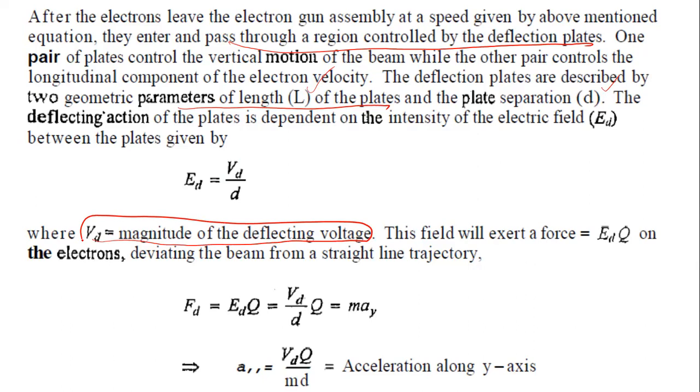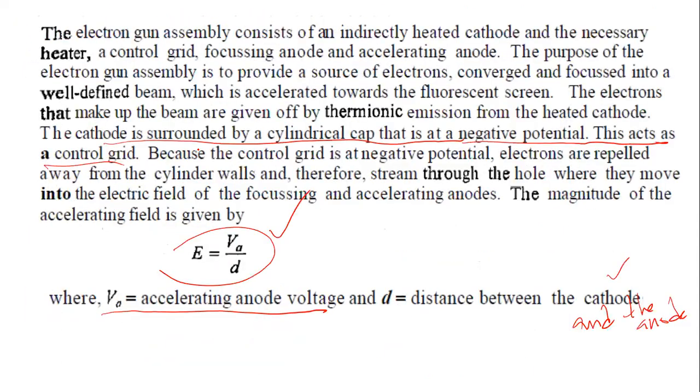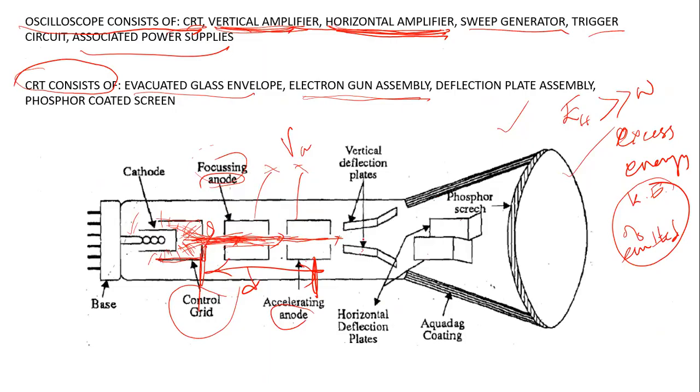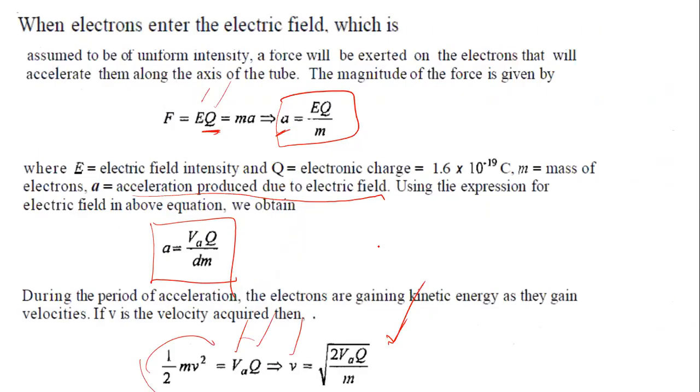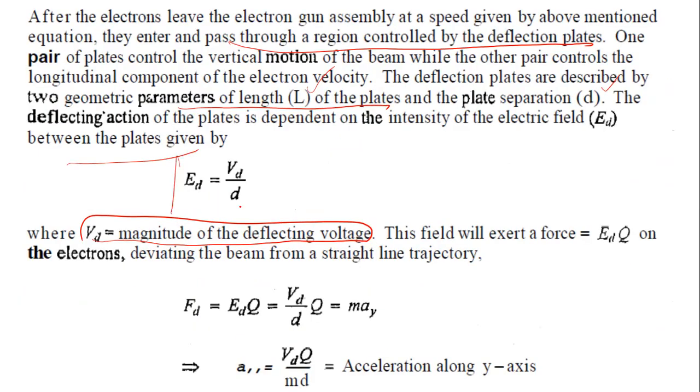Then the intensity of electric field between the deflection plates. Between these deflection plates, the intensity of the electric field, which is given by ED, will be potential upon separation of the two plates. So potential upon distance between the two plates gives you the intensity of electric field.